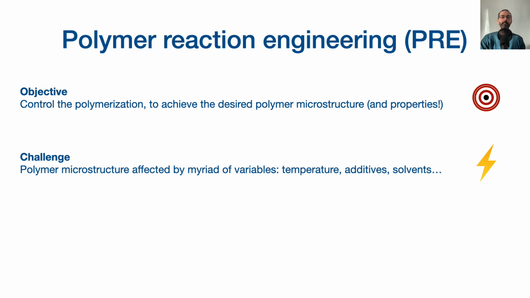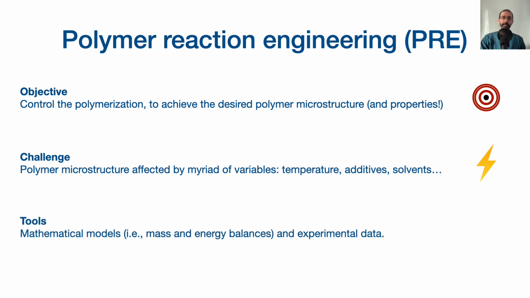The list is really very, very long. The good thing is that this is a challenge we can take on because we have mathematical models on our side, mass and energy balances supported by experimental data. An example is this left-hand side of an equation, which I'm just showing here. You want to know what it means and how to solve it? More in the next videos.